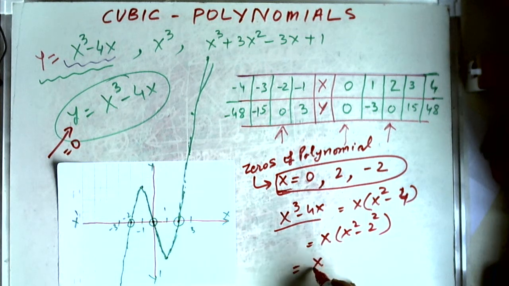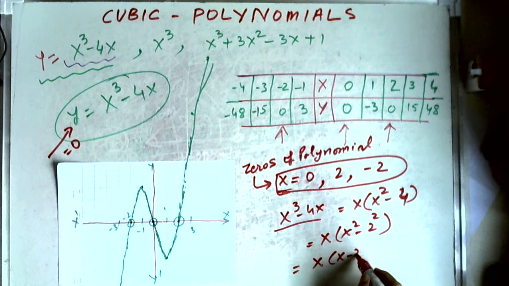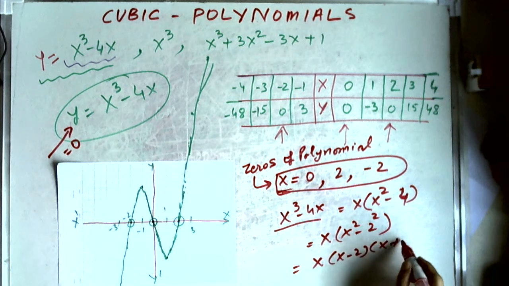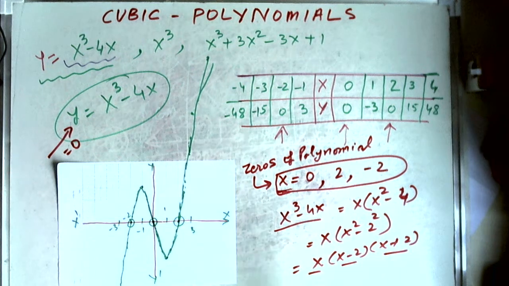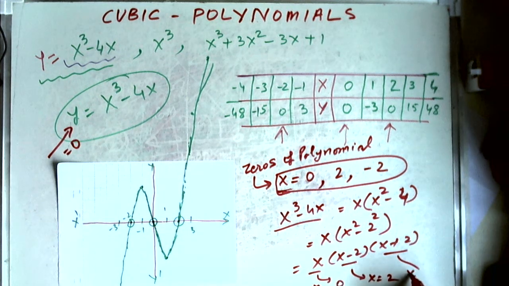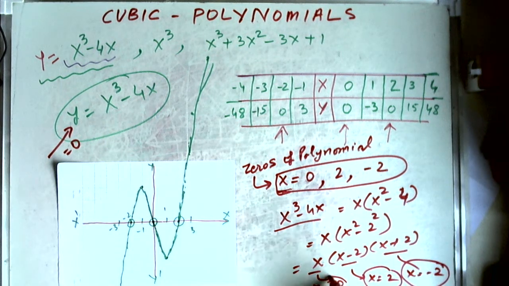Therefore it will become x into x minus 2 into x plus 2. So this is one factor, this is another factor, and this is the third factor. This will give x equal to 0, x equal to 2, and x equal to minus 2.